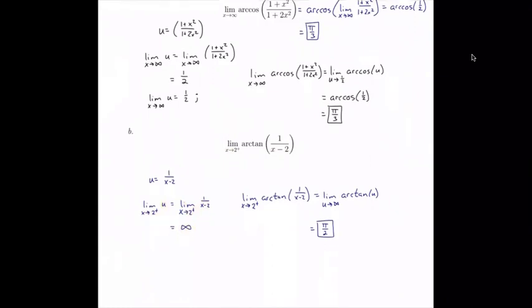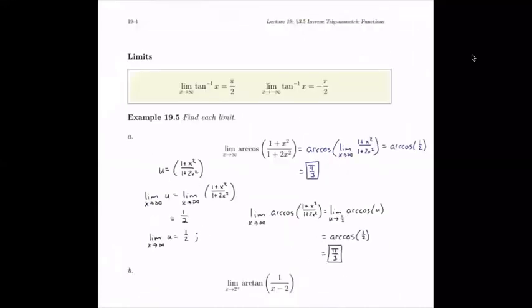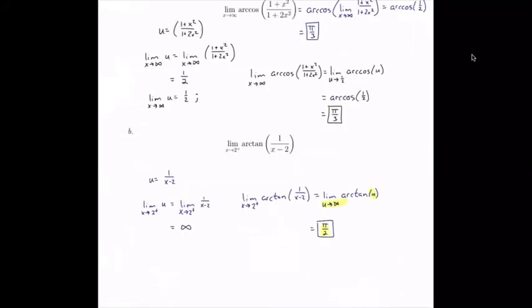I can swap out 1 over x minus 2, since that's equal to u, and I know that as x approaches 2 from the right, u approaches infinity. So now I'm taking the limit of a slightly simplified function: arctangent of u, where u is going to infinity. Well, this matches exactly what we see above, where x is going to infinity. The limit of arctangent of something going to infinity is pi over 2. And we're able to conclude that that's the case.